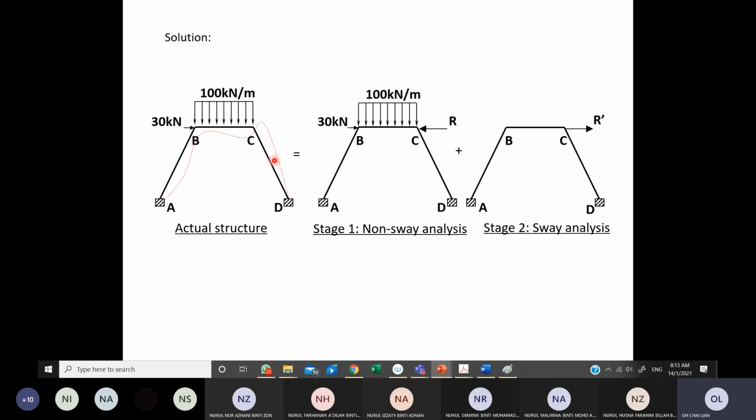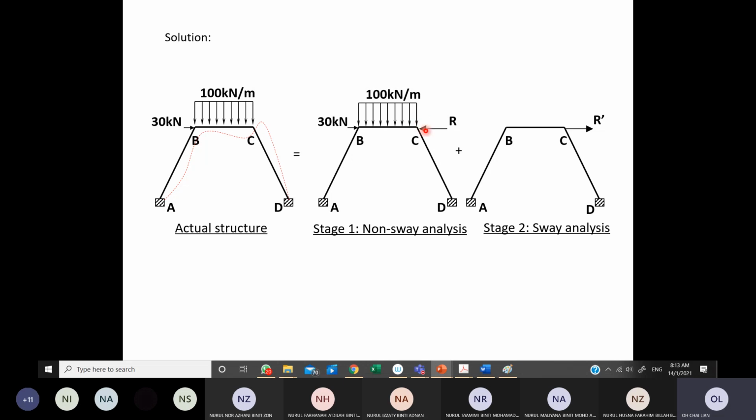We are going to carry out this analysis by the method of superposition. There will be stage 1 and stage 2 analysis. Stage 1 deals with non-sway analysis. How do we do that? We apply an artificial, imaginary restraint here, meaning we stop the sway action of the frame.